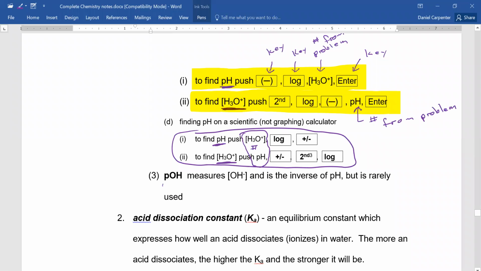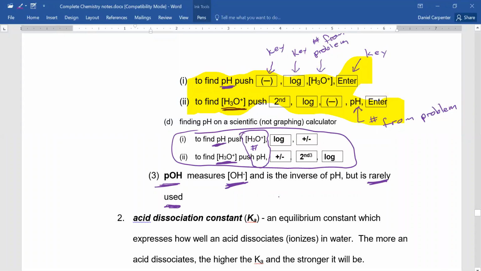Now there is such a thing as pOH, which does exactly the same thing, except it measures the concentration of OH minus instead of the concentration of H plus, but it is rarely used. I want you to know it exists. You don't have to do much with it. And in fact, it's pretty easy actually, because remember the 14, they have to add up to 14. pH goes 0 to 14, so pOH goes 14 to 0.